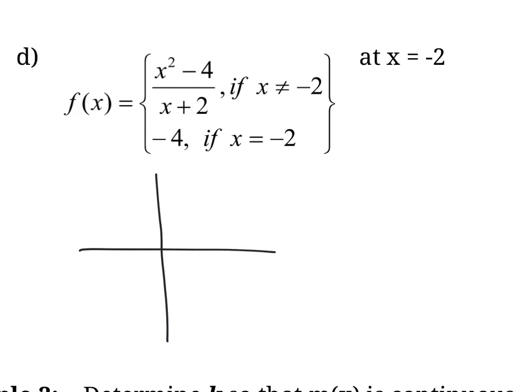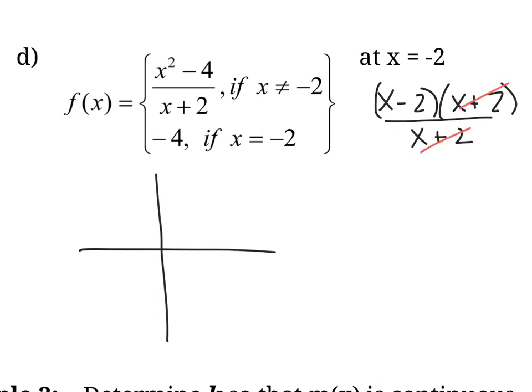So the first part of this can be factored as x minus 2, x plus 2. It's a difference of squares over x plus 2. And we can see that those two things are going to cancel out when we do that. So basically this top part of the function up here, that's just going to equal x minus 2.